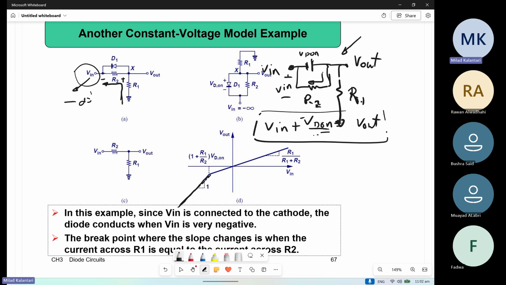The input current is the sum of this R2 current plus the diode current, right? In fact, it's the summation of these two.